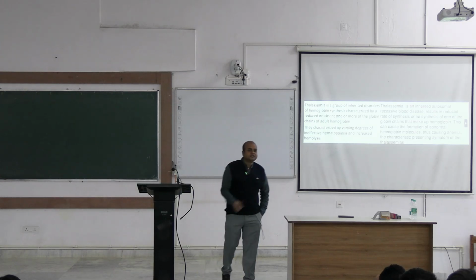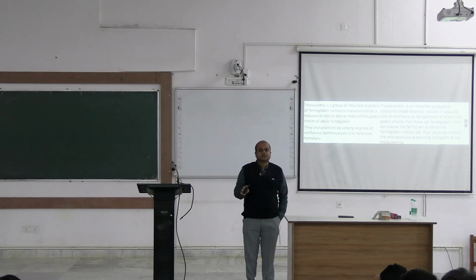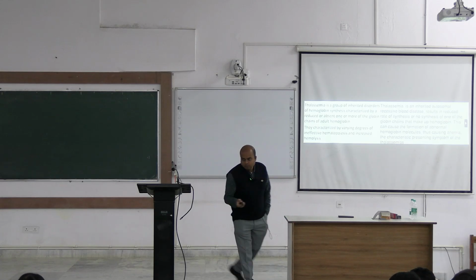If there are 4 globin chains, just to exemplify, say one beta chain is absent. Then there are 3 alpha and 1 beta, and the functions of hemoglobin can't be carried out properly. It should be 2 alpha and 2 beta.